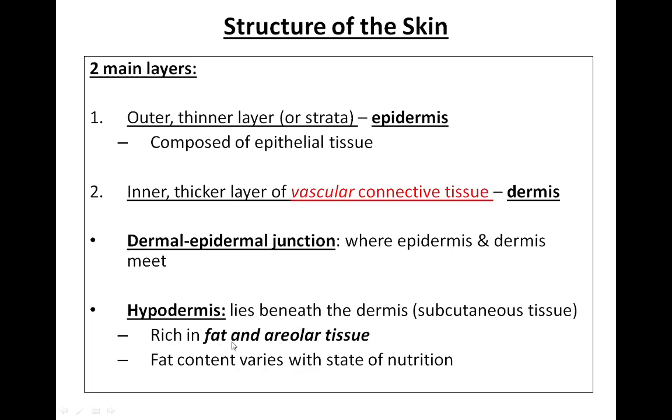It is rich in fat and areolar tissue, and fat content varies with the state of nutrition. If people take more fatty food, then ultimately the hypodermis contains more fat. In a thin-built person, the hypodermis has less fat.